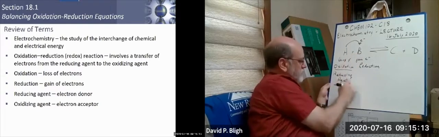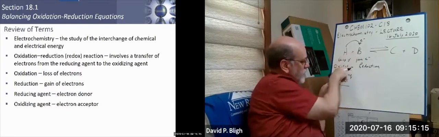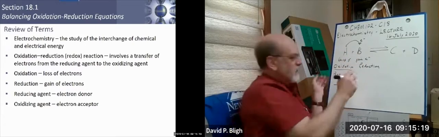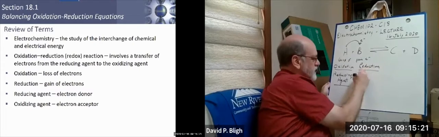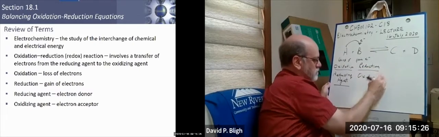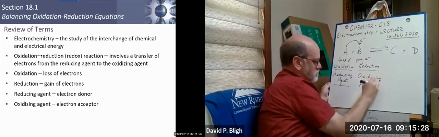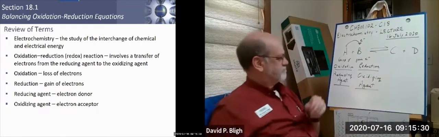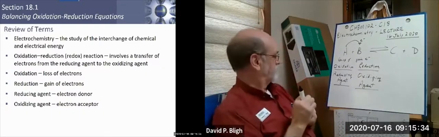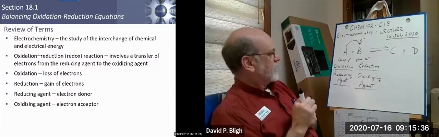Right? This is the reducing agent for that one because it becomes oxidized. This one becomes reduced. So you might have already guessed this one is the oxidizing agent. Okay. All right.